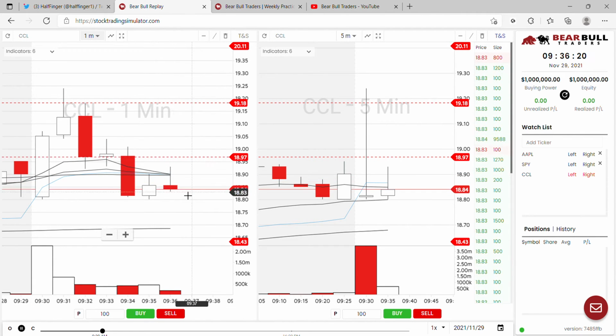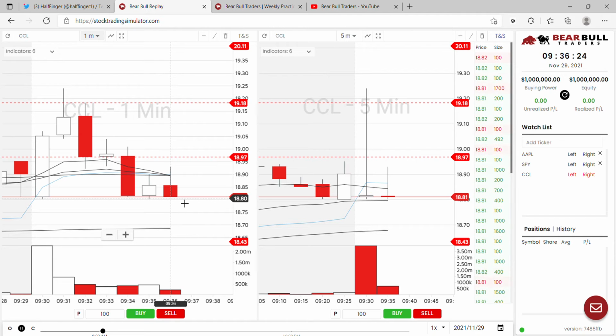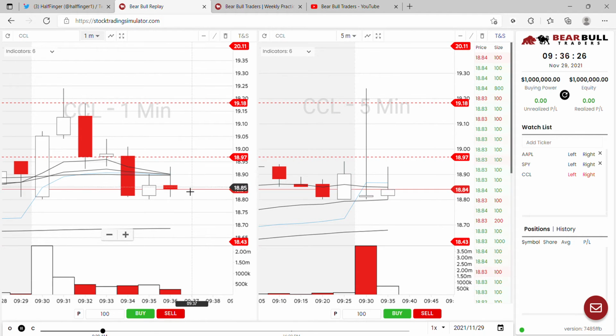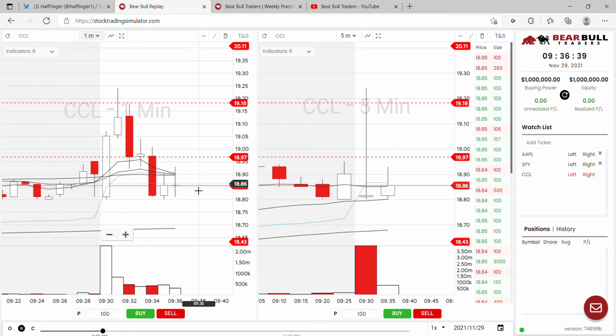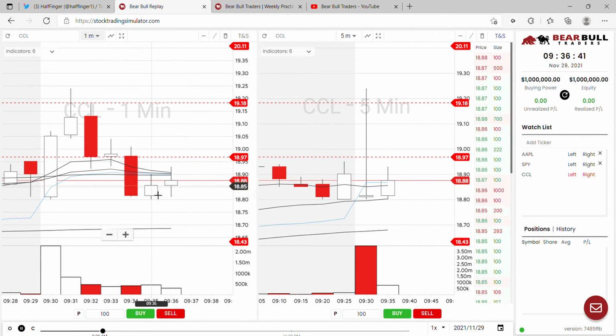So if it rejects here, it goes below here. So it has rejected the VWAP twice now. So if it closes below the VWAP now, then that's a good sign for me.